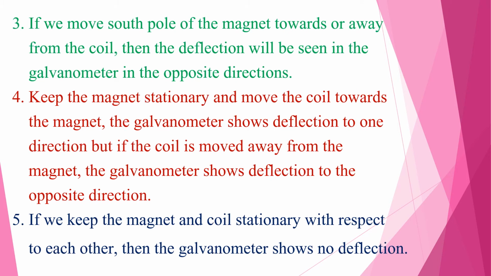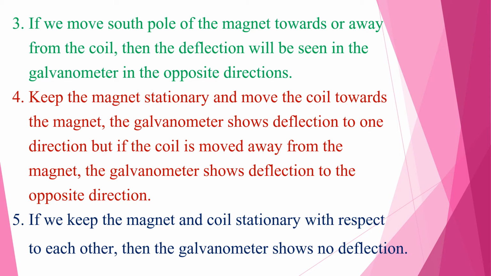Now children, move the south pole of the magnet towards or away from the coil. Then you can see a deflection in the galvanometer in both the directions corresponding to it. In the next case, we keep the magnet stationary and move the coil towards the magnet and away from the magnet.